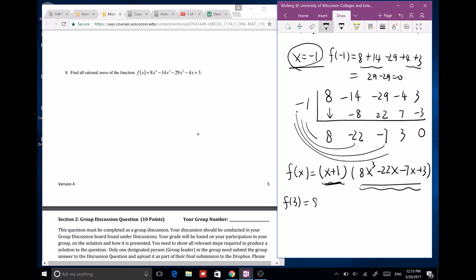f(3) equals 8 times 3 to the power 4 minus 14 times 3 cubed minus 29 times 3 squared minus 4 times 3 plus 3.